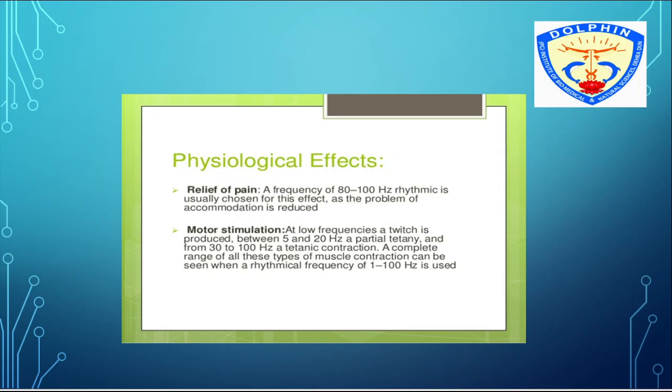The physiological effect of the amplitude modulated current depends upon the frequency, as a neuron exhibits a maximum rate at which the action potentials are conducted, and this is a function of the degree of myelination and the diameter of the axon. For the relief of pain, a frequency of 80 to 100 Hz rhythmic is usually chosen for this effect, as the problem of accommodation is reduced.